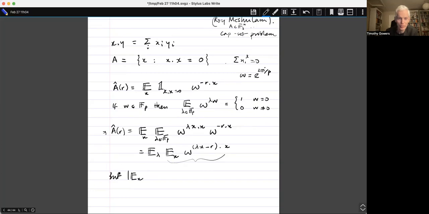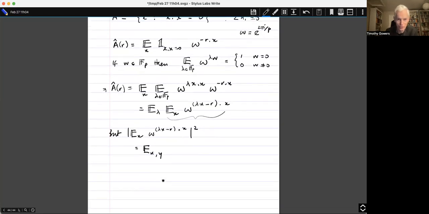So for each lambda, we have that the modulus squared of the average over x of omega to the lambda x dot x minus r dot x equals the average over all x and y. By the way, if you want to be an additive combinatorialist, you need to get very, very used to expanding out absolute values squared of sums.